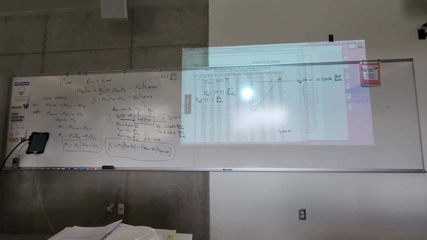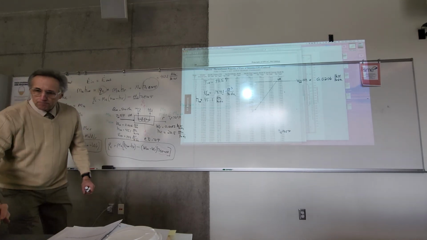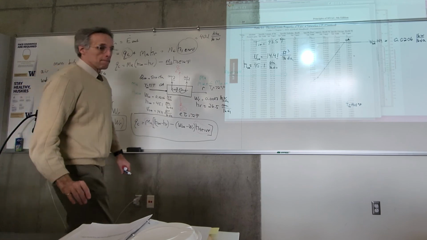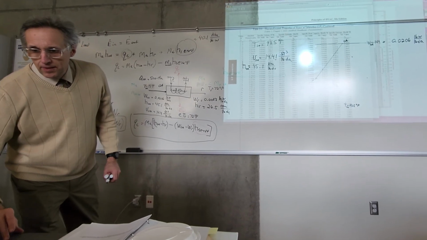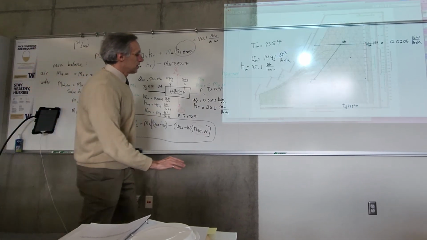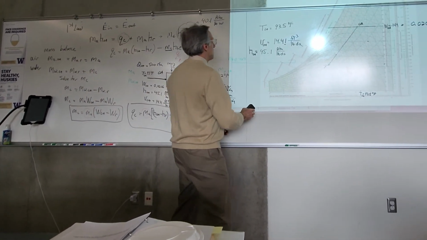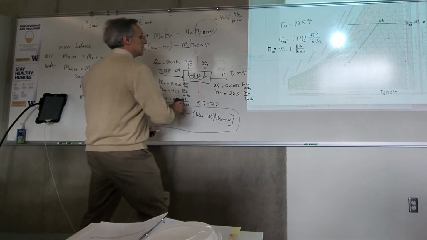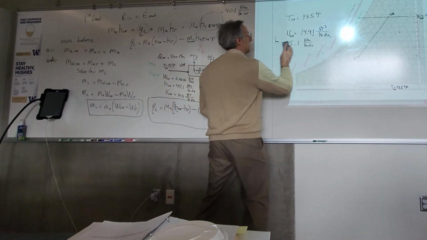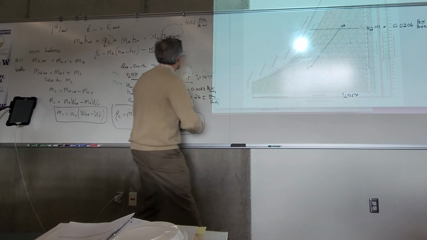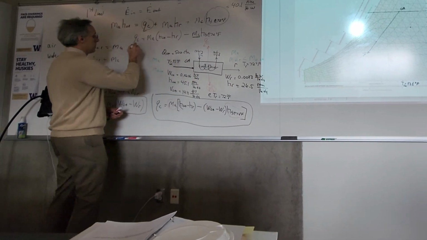And how about the mass flow rate of dry air? Any idea how we get that? Could you divide the CFM value by the specific volume? Yes. Great. That's where our flow rate comes in.